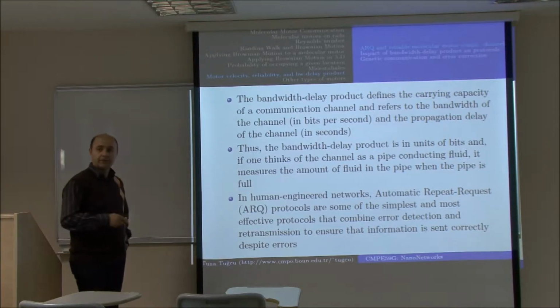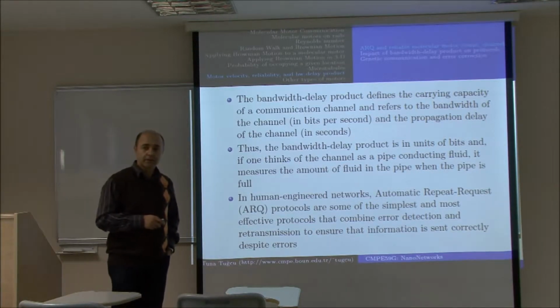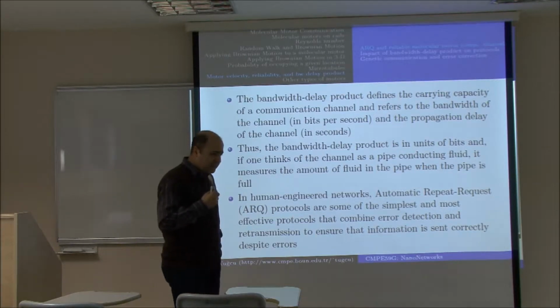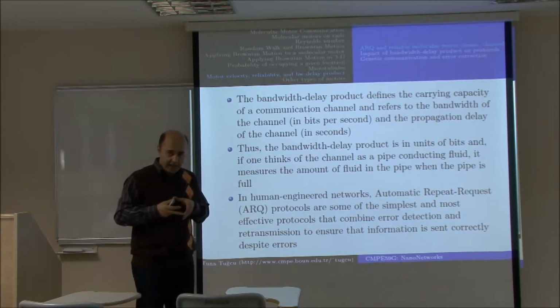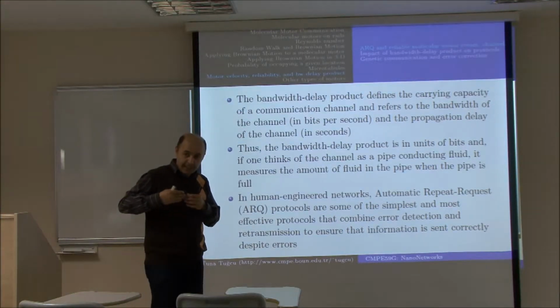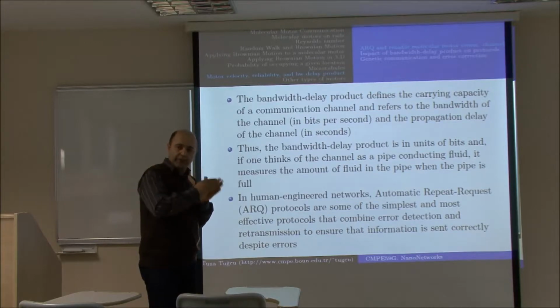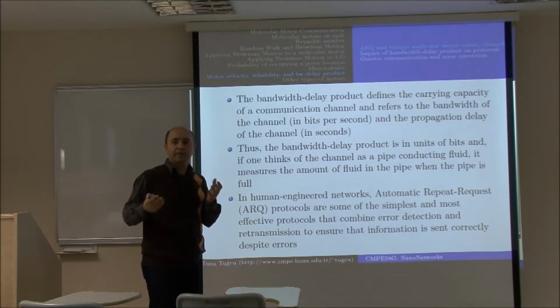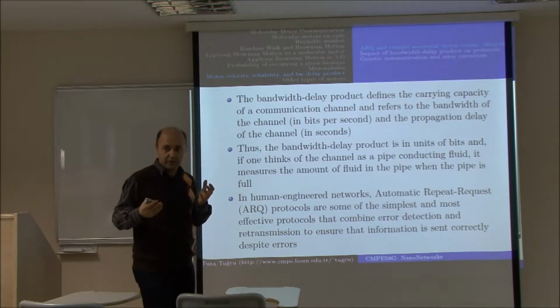So why are we concerned with this amount? Good question. If you have a wider pipe, that means I can send more water from point A to point B, so I have more capacity for transportation, right?